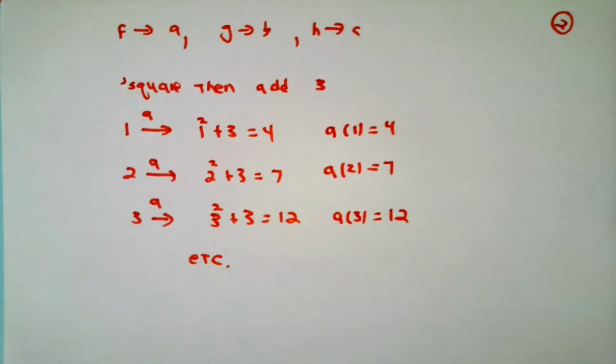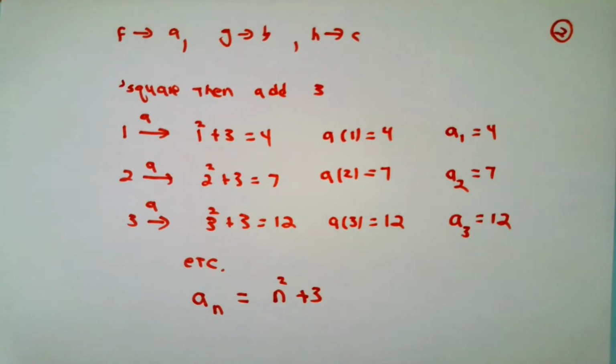But because we are not doing the same kind of inputs as we did before, people usually don't write it that way. Instead of writing a of 1, we'll write a with a subscript 1, which we'll either pronounce as a sub 1 or just a1. Likewise, a of 2 will be written as a sub 2, a sub 3, and so on.